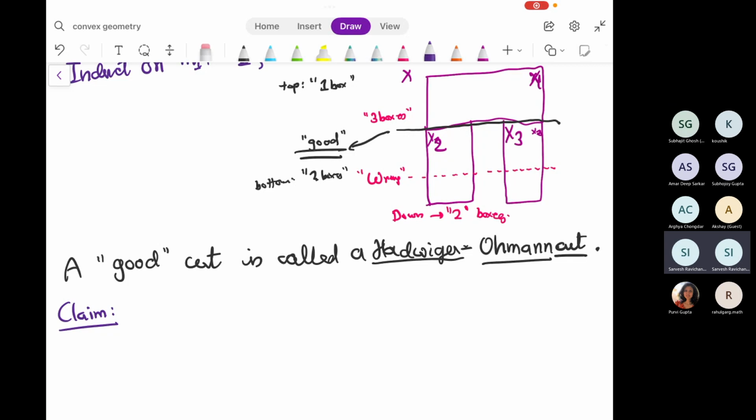So what we do is define a cut. What is a cut? A cut is a hyperplane, in this case a coordinate hyperplane.